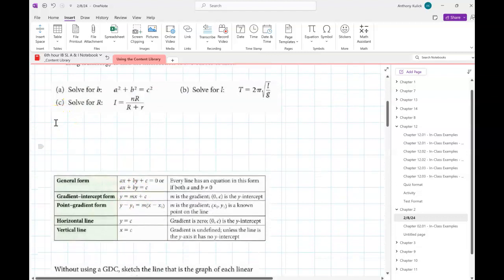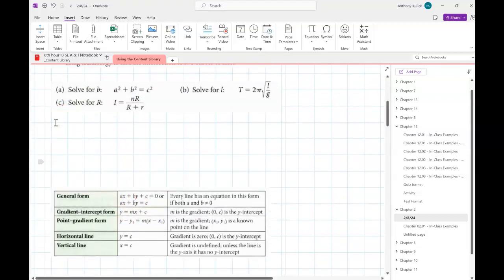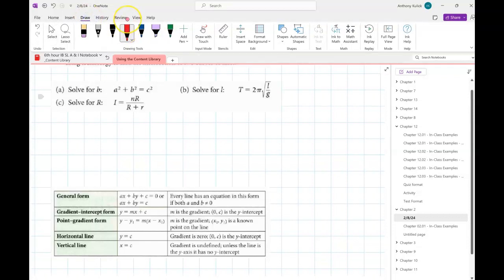Okay. So let's say we have the equation a squared plus b squared equals c squared, and we want to solve for b. How do we do that? Who can tell me the first step? Subtract a squared from both sides.